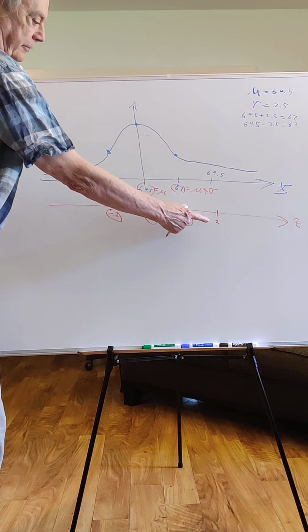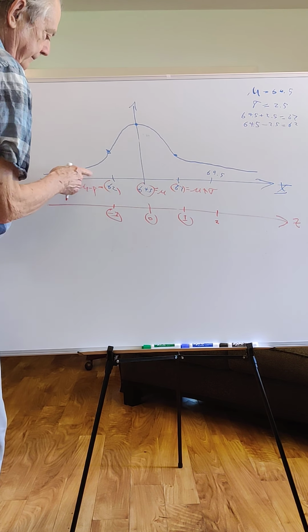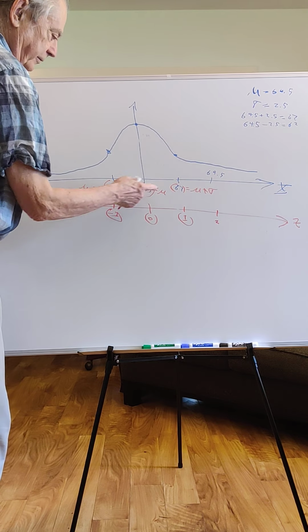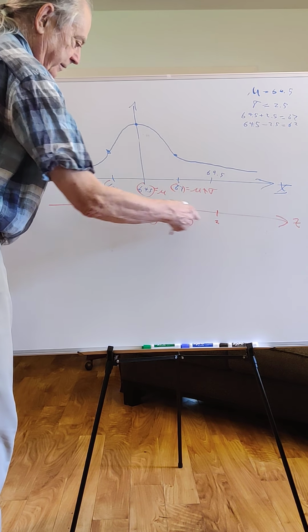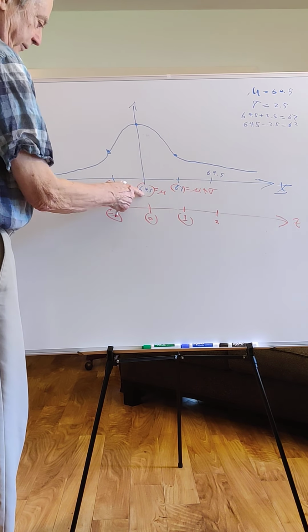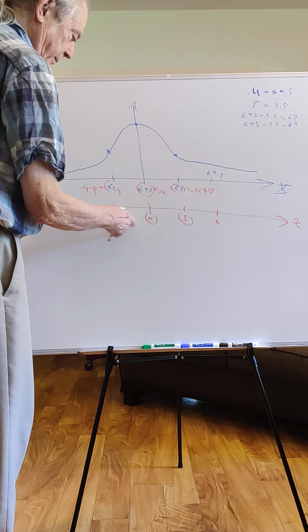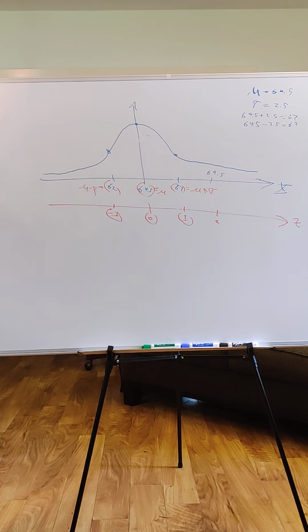So these x values, 62, 64, 67, 60, correspond to these z values. How do you convert from one to the other? Well, it's quite easy to do that. I'll put the formula here.